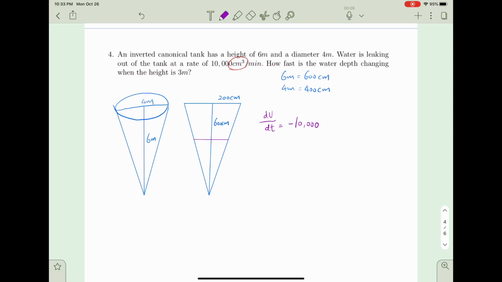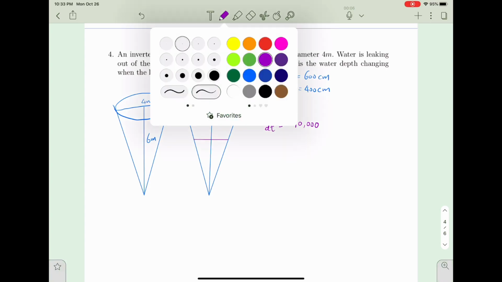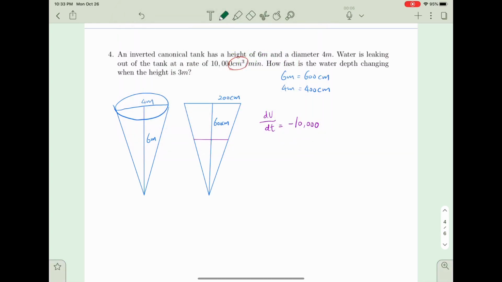That's how fast the volume of the water is changing based on the information we know here. But how is that related to the depth of the water? What is the depth of the water? The depth of the water is the length of this green line here. You see this green line, right? That's the depth of the water.